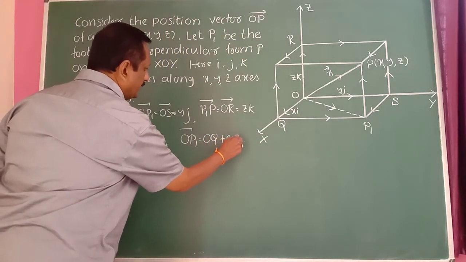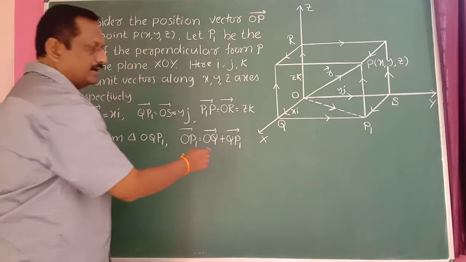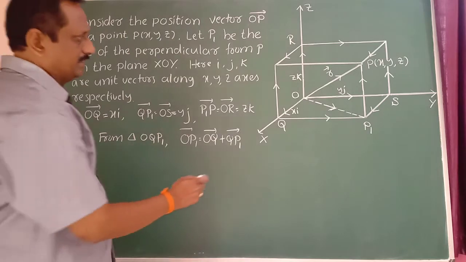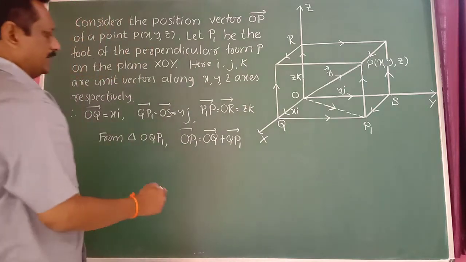Arrow marks are very important here. It is by the triangle law of vector addition. Here OP1 is equal to OQ plus QP1.